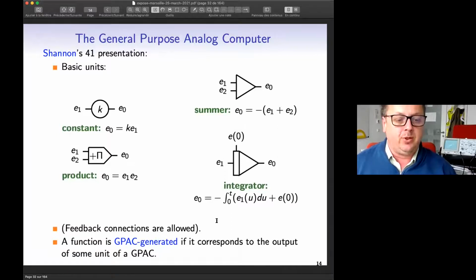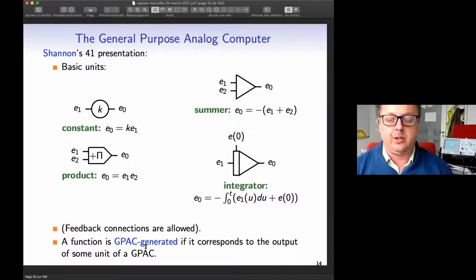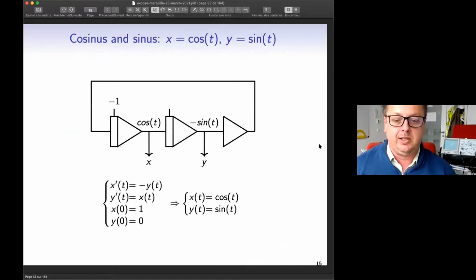And you say that a function is generated by a GPAC if you can build a circuit with these blocks, so that you will draw your curve on your output table, or if you prefer, in my case, on my oscilloscope.